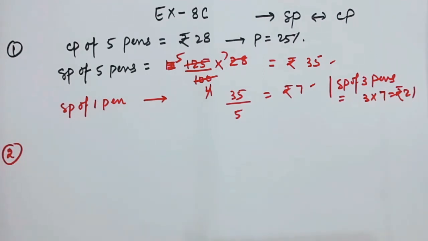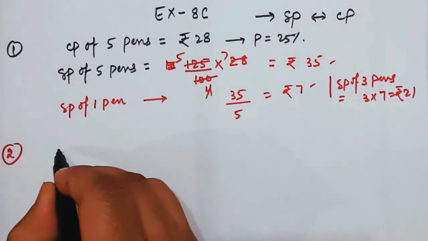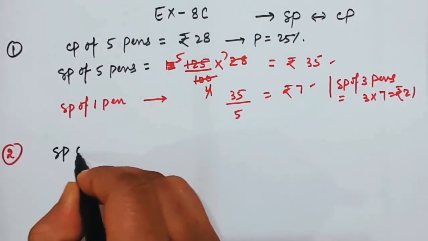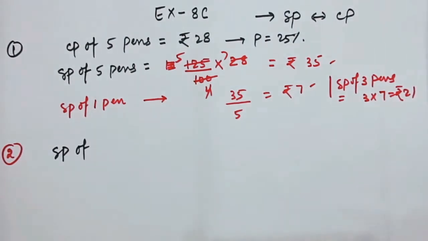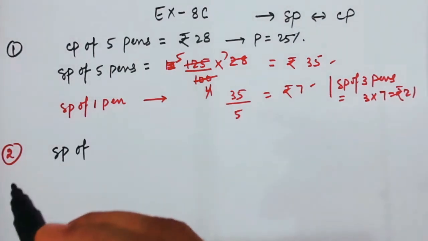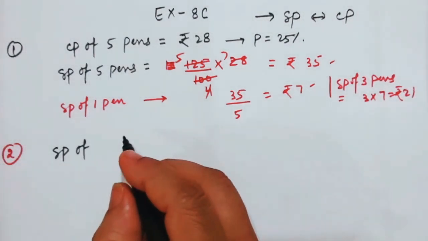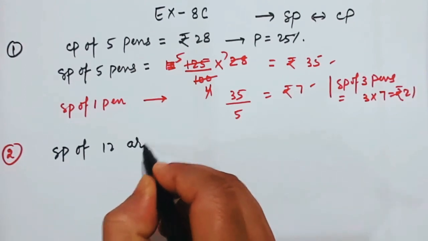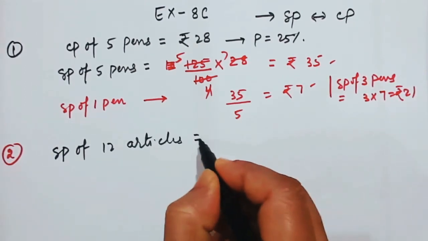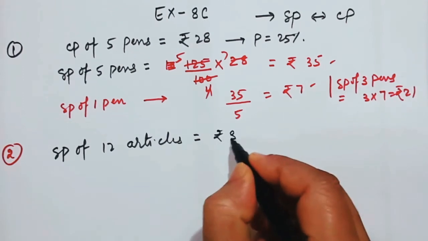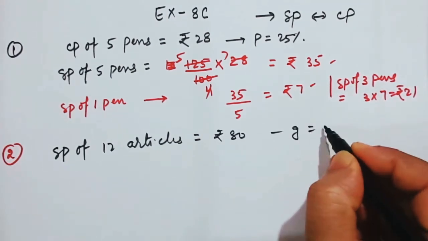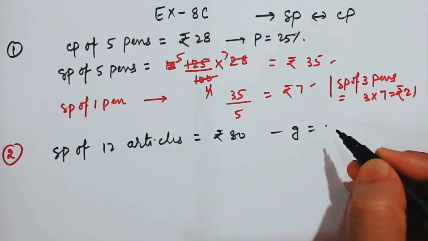Coming back to number 2, a fruit seller sells 4 oranges for rupees 3, gaining 50%. So here the fruit seller sells the article, not buys the article. That is why I tell you to please keep your eyes and ears open.